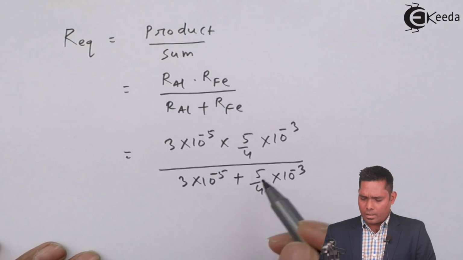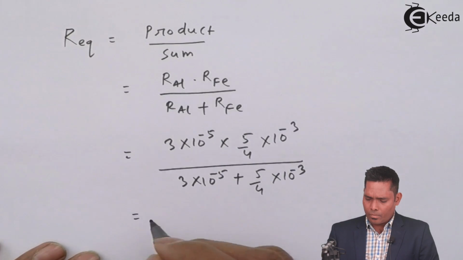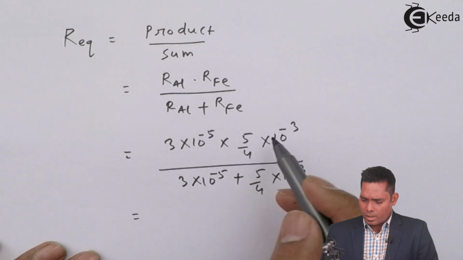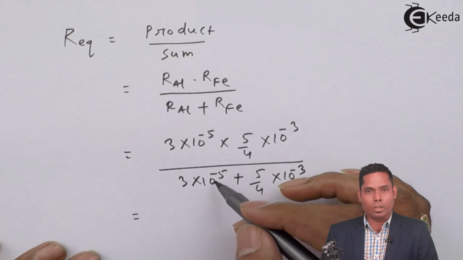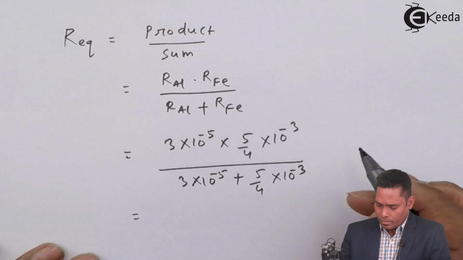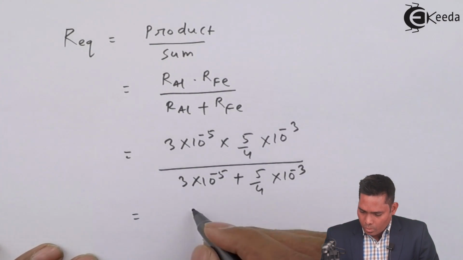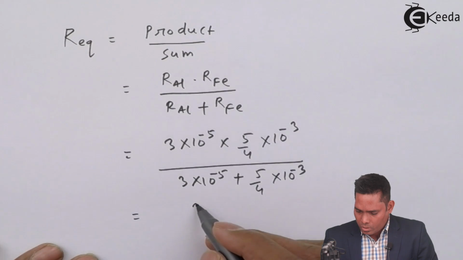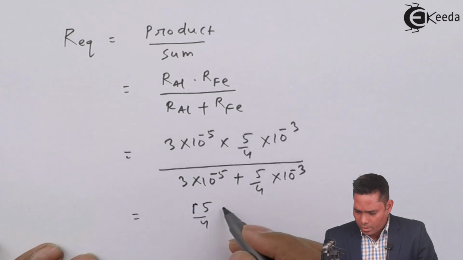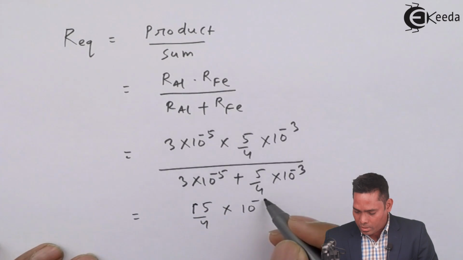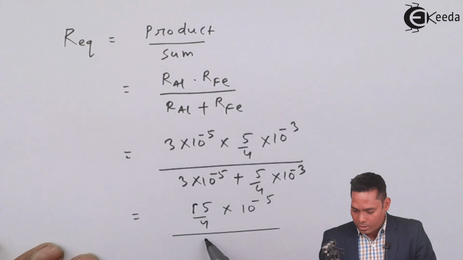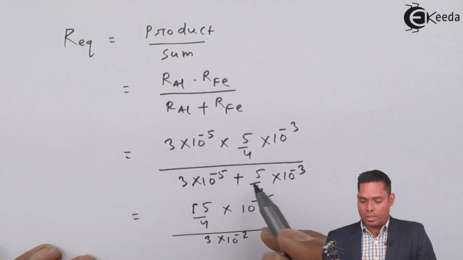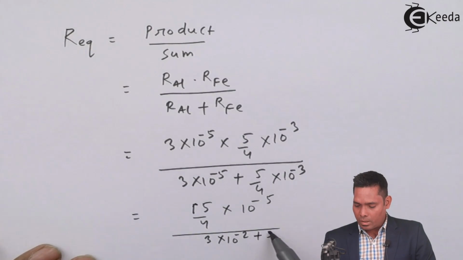If I cancel that, then I'll take 10^-3 and cancel out, then this will be minus 2 left. So this will be 15 by 4 into 10^-5 divided by 3 × 10^-2 plus 5 by 4.